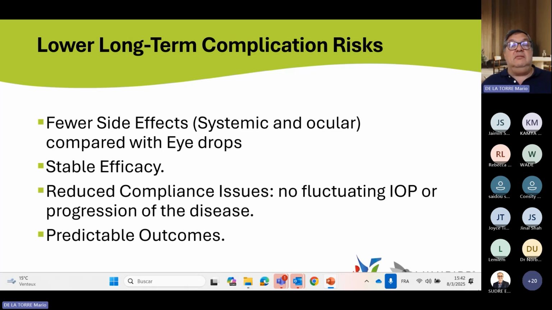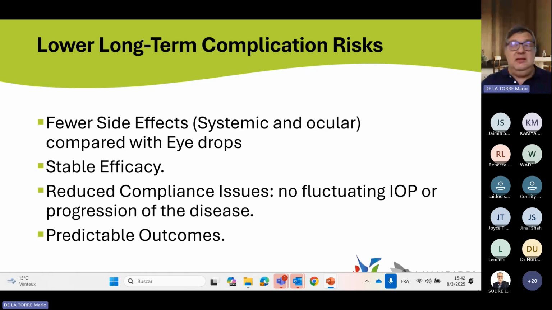As for long-term complication risk, SLT is stable in its efficacy and reduces noncompliance. That means the patient, and believe me, sometimes I see patients at my hospital. They come, oh, doctor, I come with a bottle. I didn't finish it. Why? Because the cost is so high, and I use it one day, and the other day I don't use it.